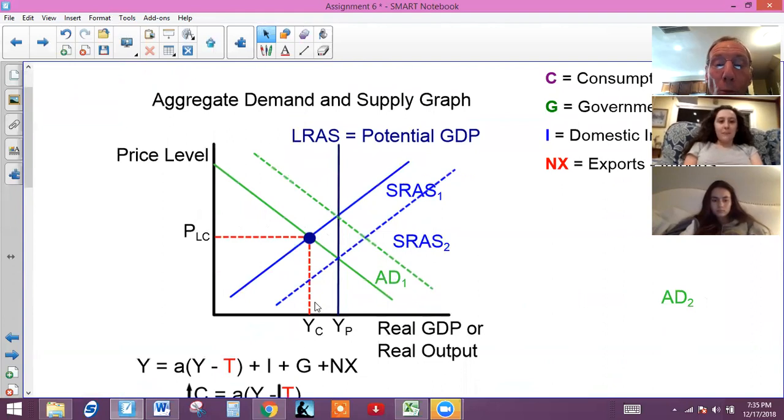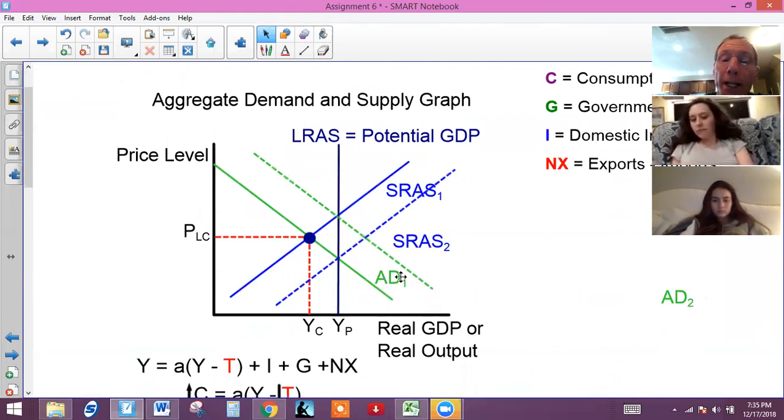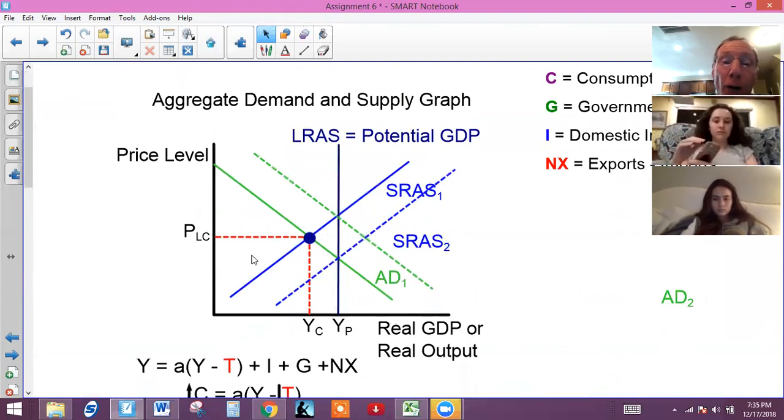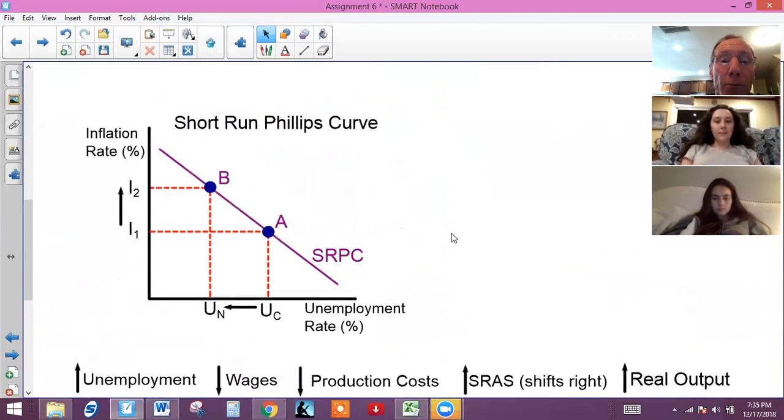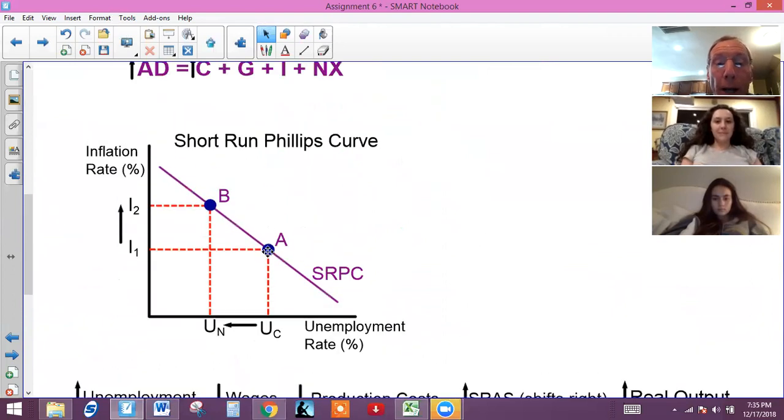When we get more output, that means we employ more workers, which means unemployment goes down and the price level goes up. So what this shift on the aggregate demand and supply curve looks like on the Phillips curve is a movement from A to B.